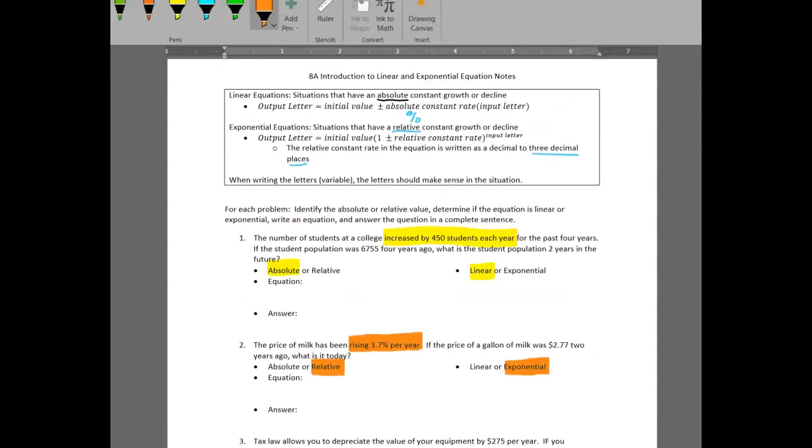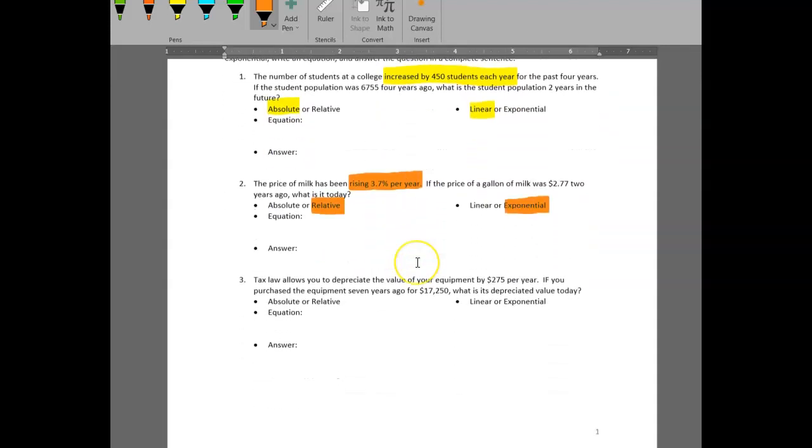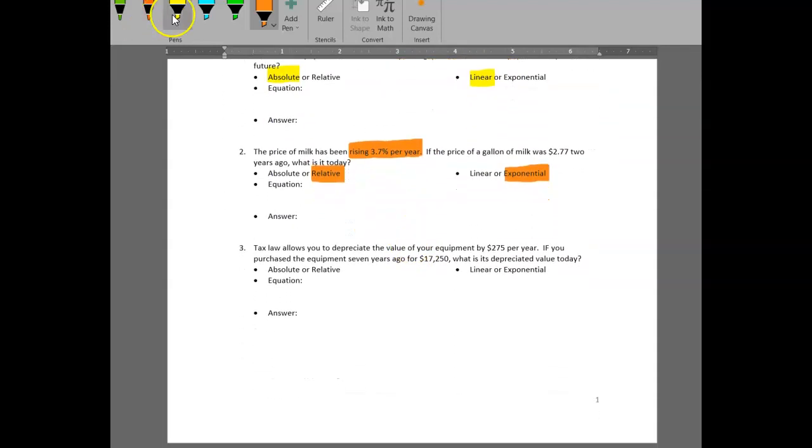That means we're going down, but we're going down by an actual 275. So that makes this absolute because it's an actual amount, and it's linear.